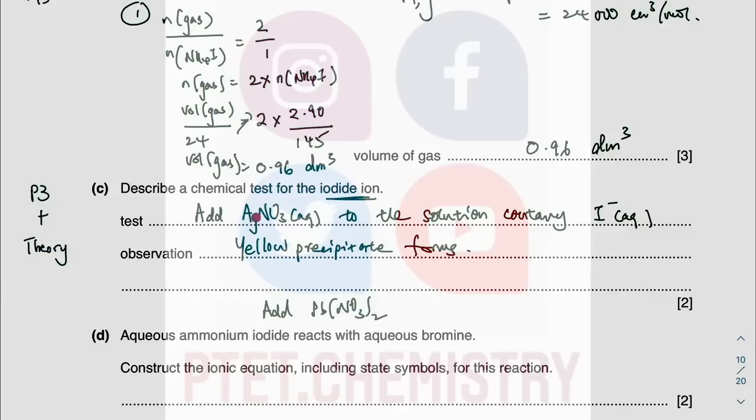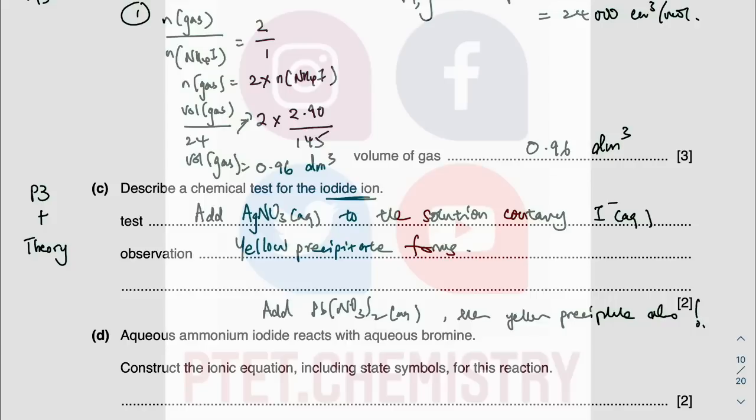This is silver(I) nitrate, so it's Ag+ NO3-. Lead(II) nitrate, Pb2+. Therefore, you need 2 of the nitrate to get the formula correct. Formula again is the very basic fundamental stuff required in O level. Then you get a yellow precipitate as well. Okay, there's alternative results.